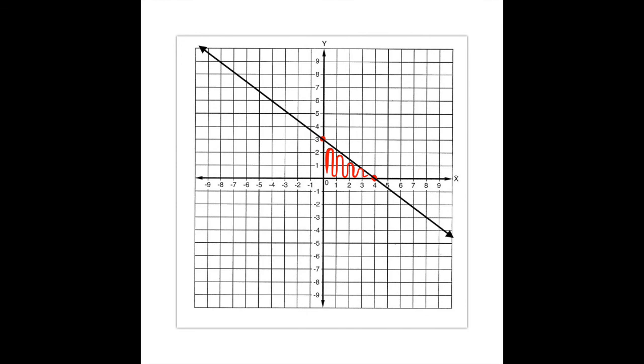All the parts that are on the right side of the x equals 0 line count, and also the y equals 0 line is the x-axis line, and all the regions that are above the y equals 0 line count. So you only have to color the triangle area where all three conditions count.